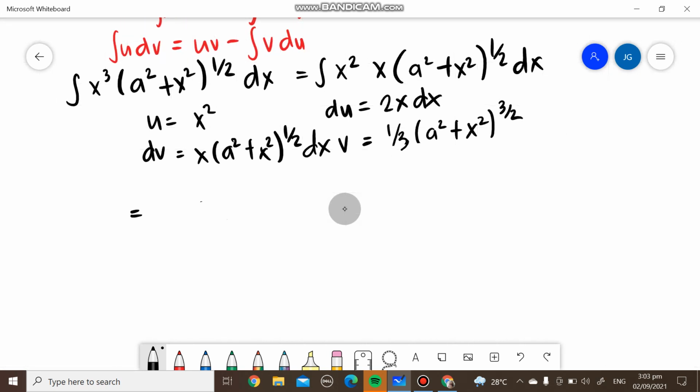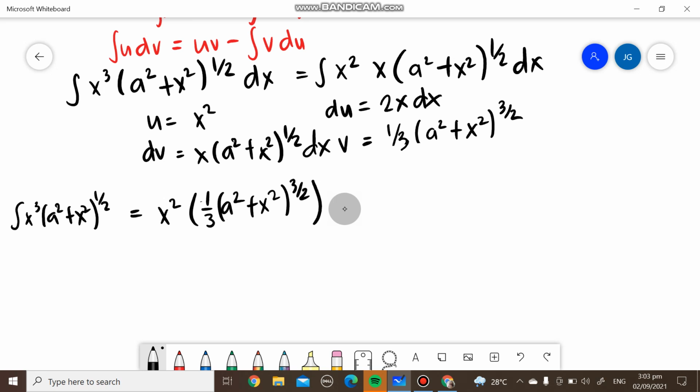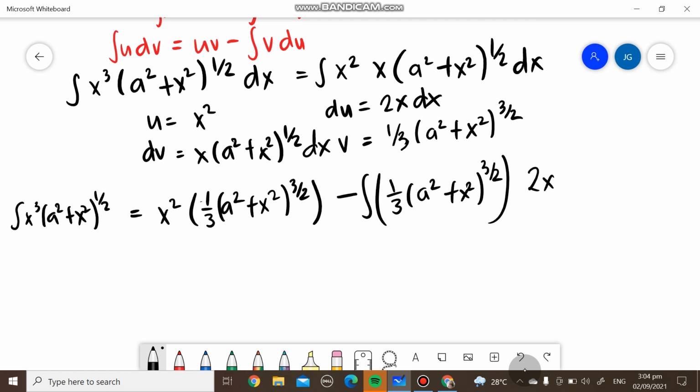We have the integral of x cubed times (a squared plus x squared) raised to 1/2 equals the u, which is x squared, times the v, which is 1/3 times (a squared plus x squared) raised to 3/2, minus the integral of v, which is 1/3 times (a squared plus x squared) raised to 3/2, multiplied by the du, which is 2x dx.